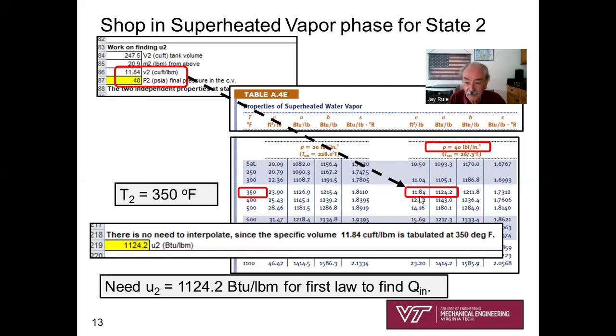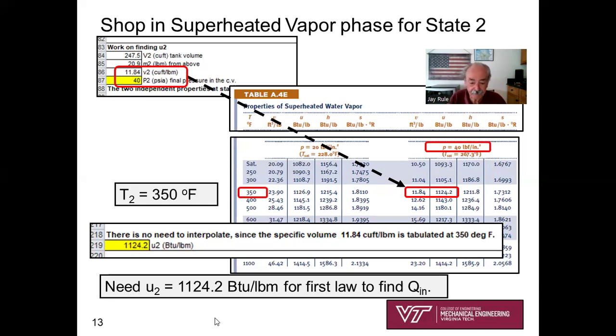This is the nature of a very clever textbook problem, right? So I'm looking for u2. All I have to do is write down 1124.2 BTUs per pound, and I'll scan over here to get maybe some extra credit on my homework. T2 is 350 degrees F. All right, so I've got little u2.